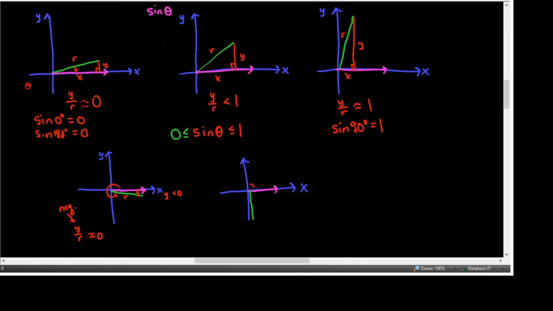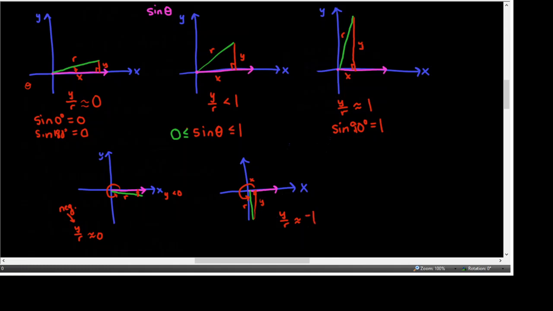Okay. So it's really close to that negative y-axis. So if I have a point on here, and draw this in, there's my x, y is negative, and that's r, and y and r are almost the same length. So again, y over r is really close to the same length. So you'd like to say 1, but remember y here is negative, so it's getting really close to negative 1.